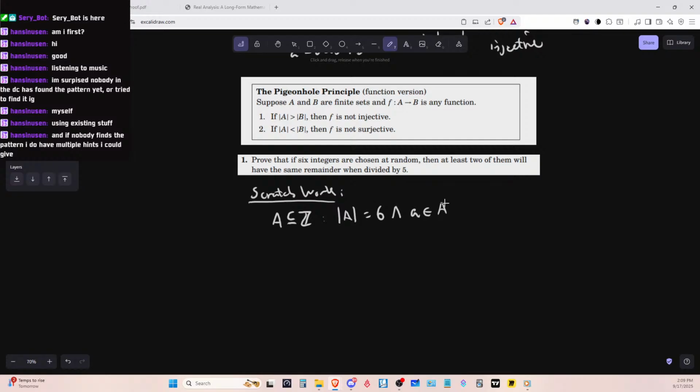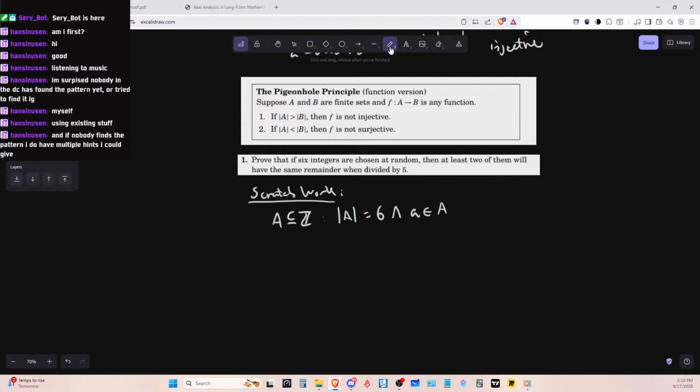So at least 2 of them. So if we imagine this, put like actual numbers, like you have 1, 2, 3, 4, 5 or something. I want to make it so that we have a random assortment of them.